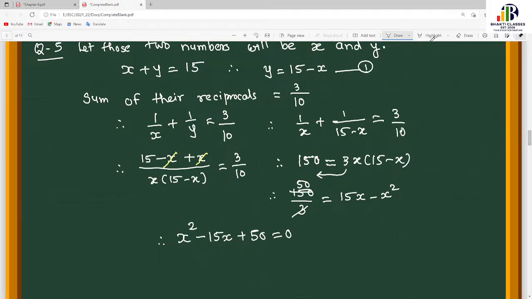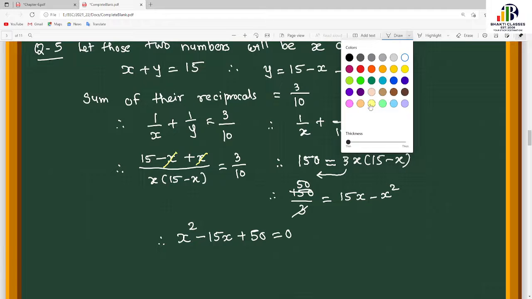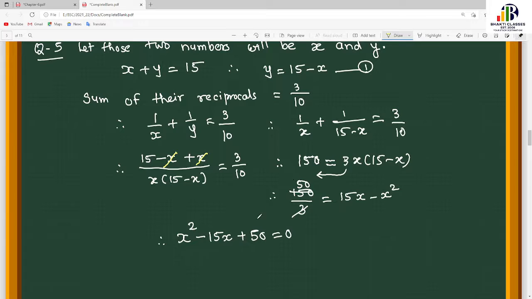Now, by splitting up the middle term, we can factorize this quadratic equation. So, we have to find out two factors of 50 such that their sum will be 15. So 5 tens are 50, and their sum, that is minus 5 minus 10, we will get minus 15.